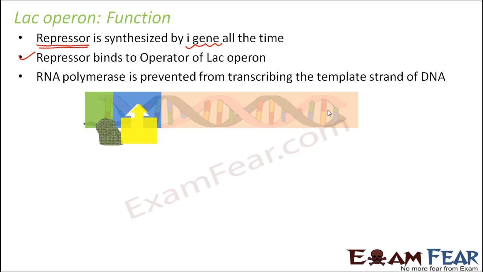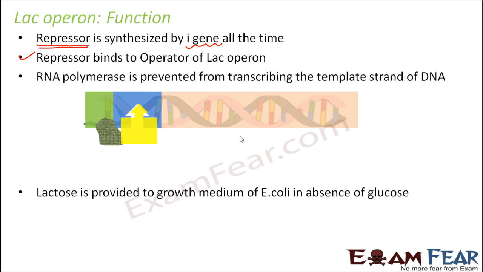As long as the repressor remains bound to this operator region, these genes will remain turned off. As soon as the repressor comes out of the operator region, the RNA polymerase will be able to perform its job, and then those enzymes will start getting synthesized. Clear? Okay.